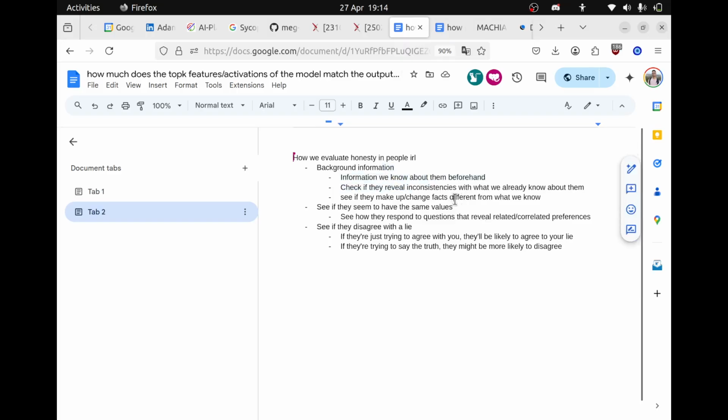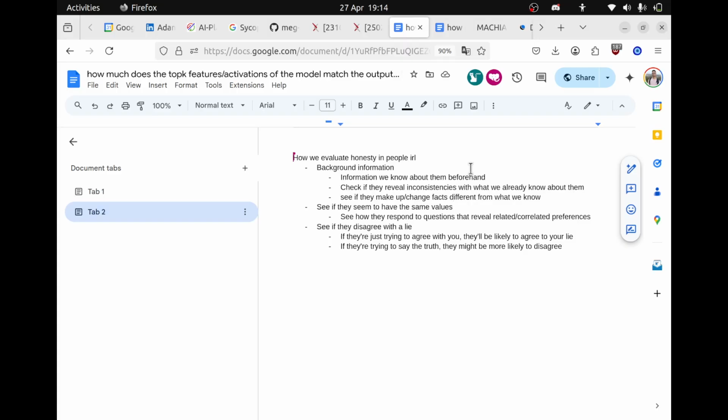How do you think we can do something analogous to finding background information about the model? Maybe we know the training data, the post-training data, and what the reward was, that kind of thing.